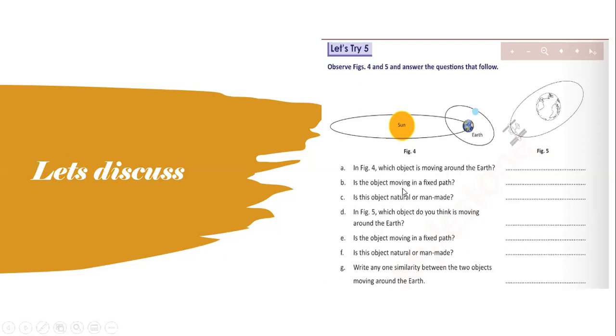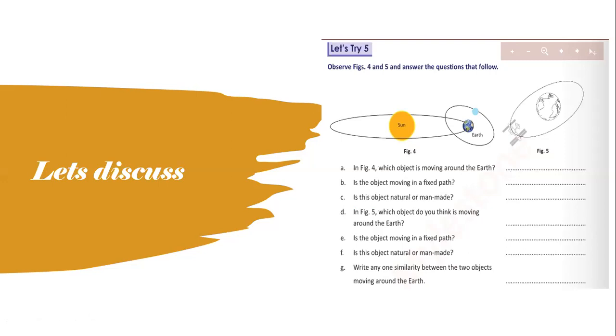Is the object moving in a fixed path? Is this object natural or man-made? Which object do you think is moving around the earth?